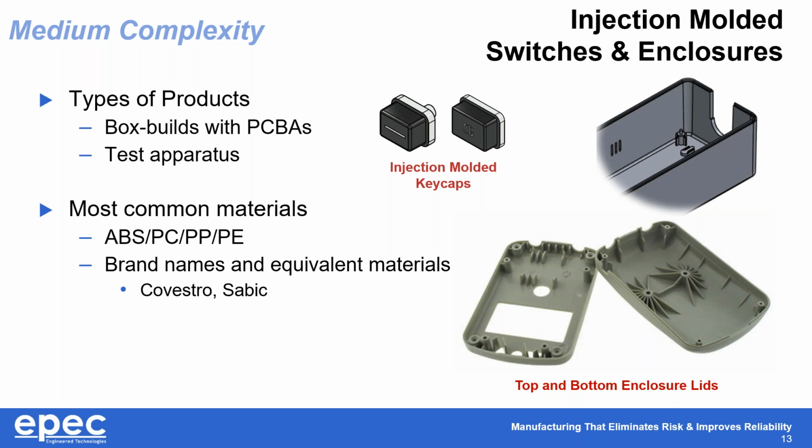Some of the most common products that we reverse engineer and manufacture are single individual keys or buttons that are hard tooled and made of some injection molded plastic. Others include enclosures like a clamshell type enclosure or some kind of housing with a lid and potentially a gasket. But again, Epic has the ability to develop, design, and create these from scratch.